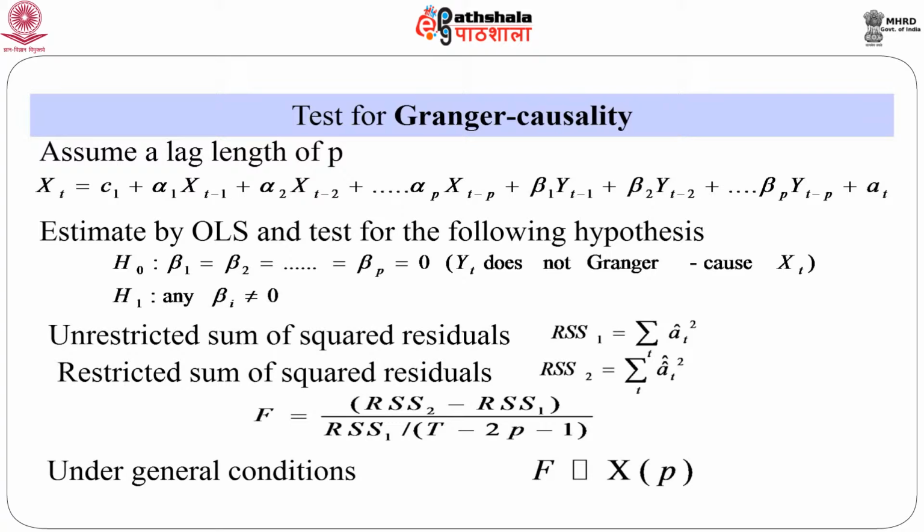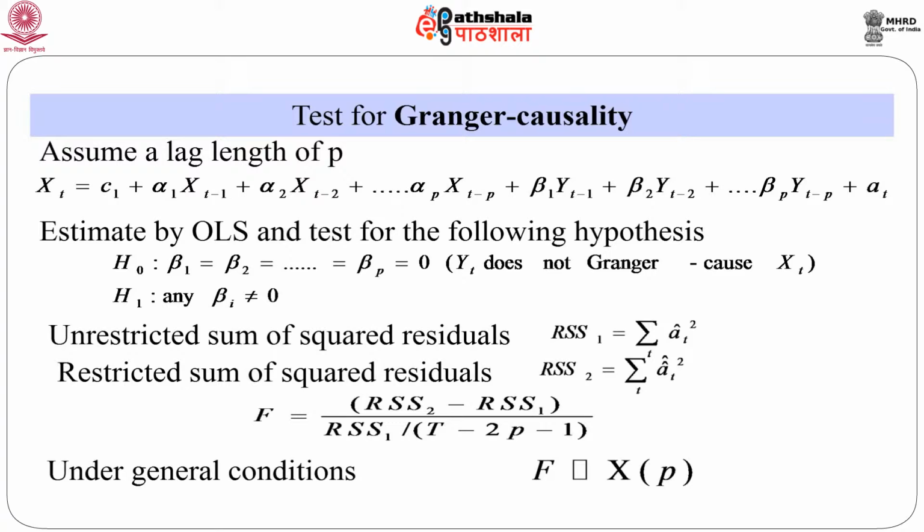Estimate the OLS equation and test the hypothesis beta 1, beta 2, up to beta p equal to 0, that is, all the coefficients of the lagged values of yt in the original equation are 0, against the alternative hypothesis that any beta i is not equal to 0.